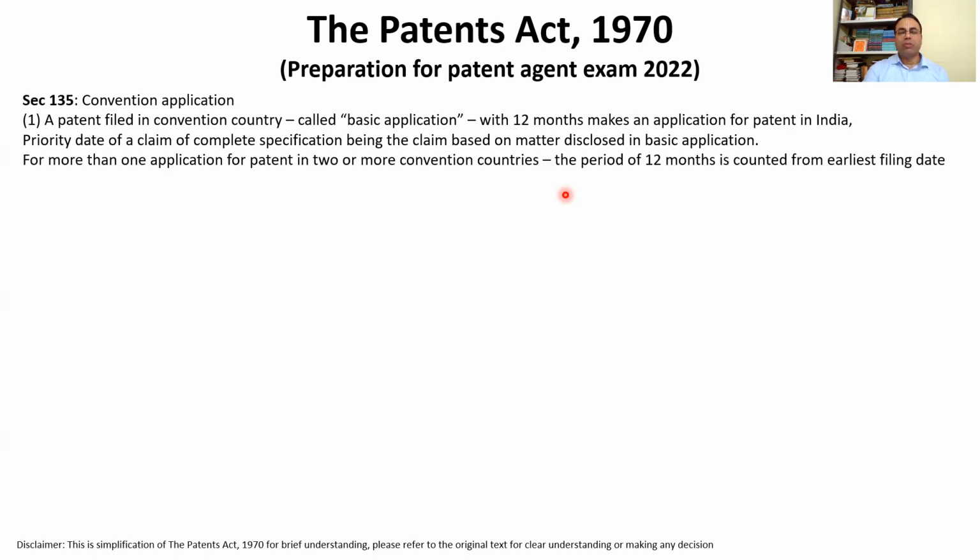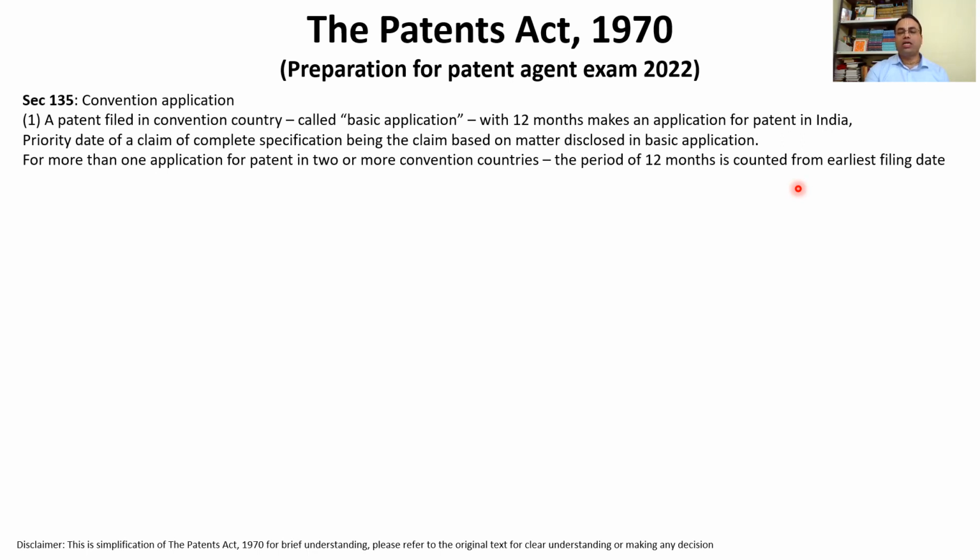So for more than one application for patent in two or more convention countries, the period of 12 months is counted from the earliest filing date. Say for example, China, Japan, US, and Europe are convention countries.